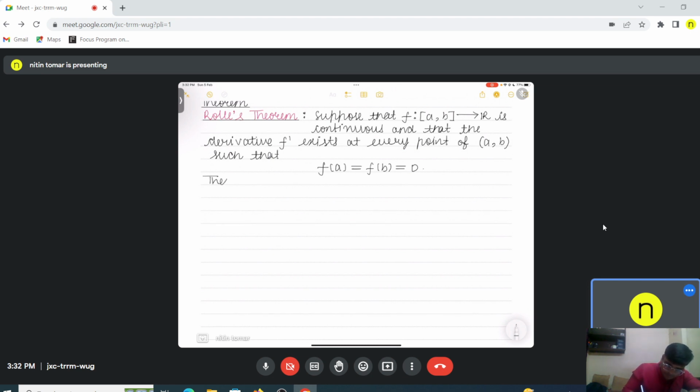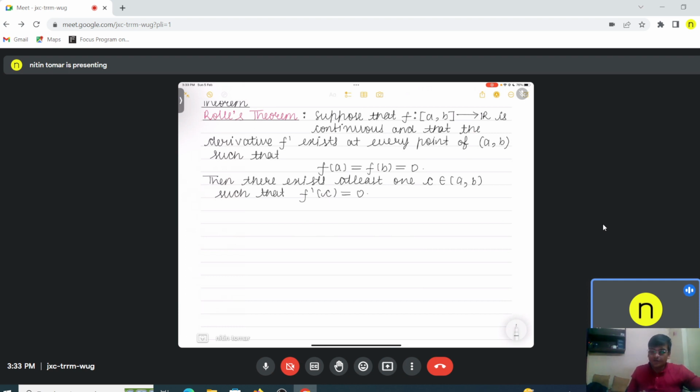Then there exists at least one C in this open interval AB such that f prime C is 0. Okay.